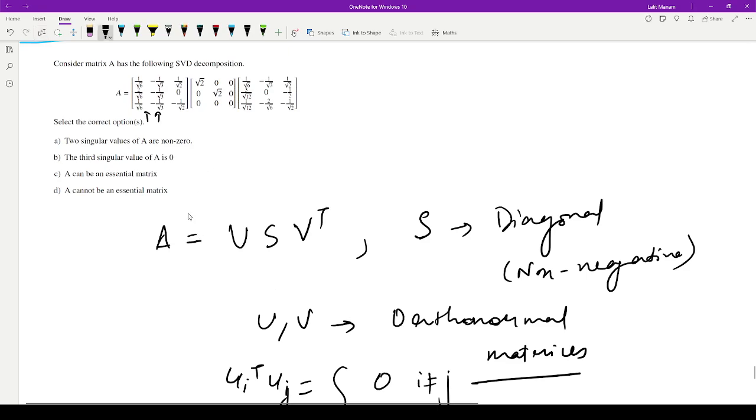So we'll go through the options. The two singular values of A are non-zero. Is it true? Yes, sir. Root 2 and root 2. Okay. The third singular value of A is 0. This is again true. A can be an essential matrix, or A cannot be an essential matrix. Which one is correct? What are the properties of an essential matrix?